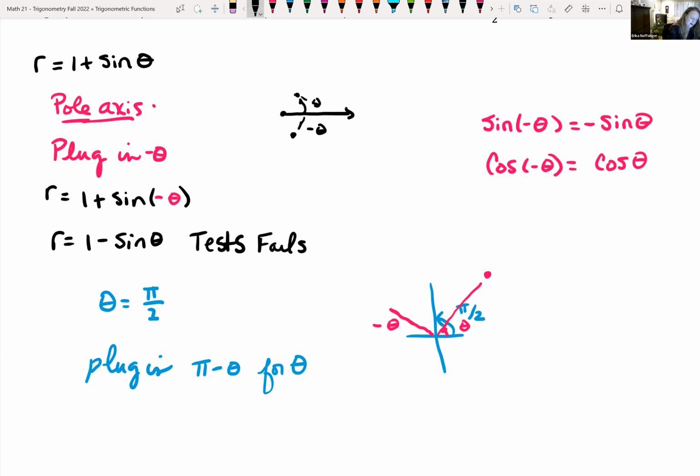Looking at r, I have r is equal to 1 plus sine, and instead of theta, we're replacing that with pi minus theta. Well, my reference angle there is theta, and it's in the second quadrant.